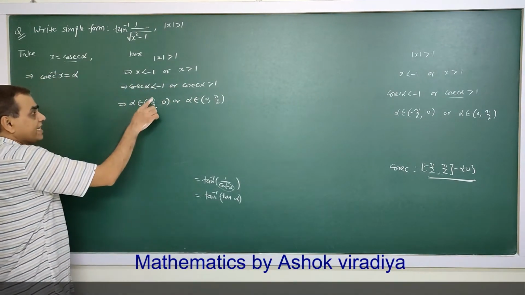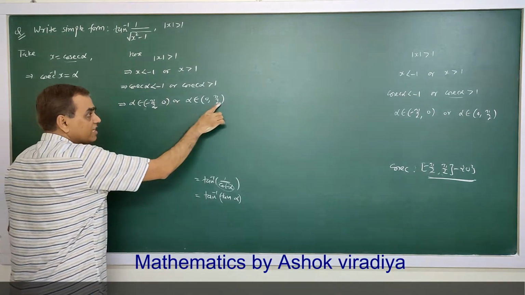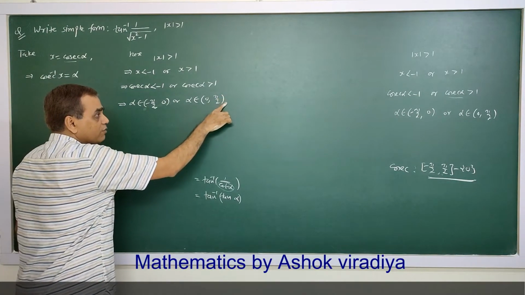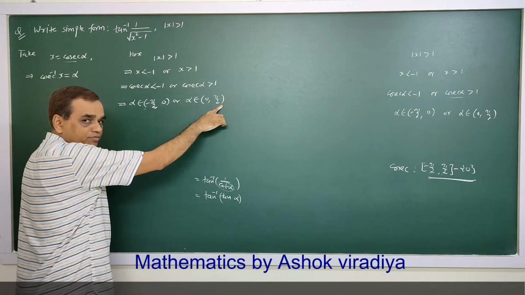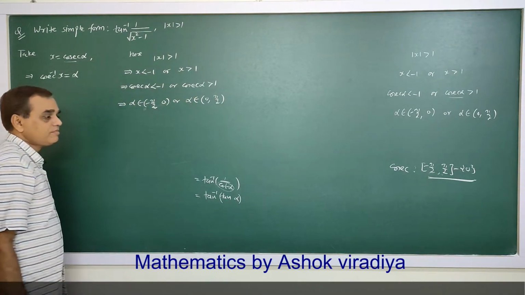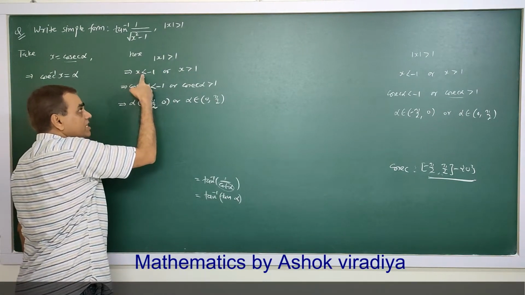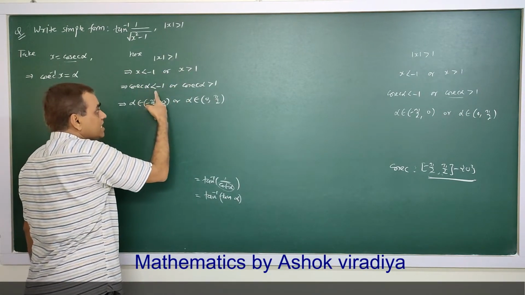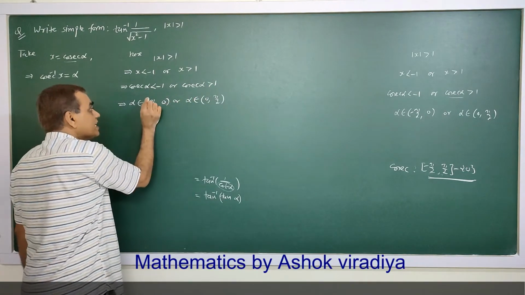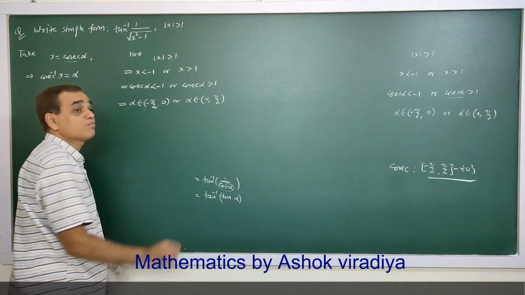We are not taking the closed interval at minus pi by 2 and pi by 2, because the sign of equality is not given. If equality were given, then we should include minus pi by 2 and plus pi by 2.